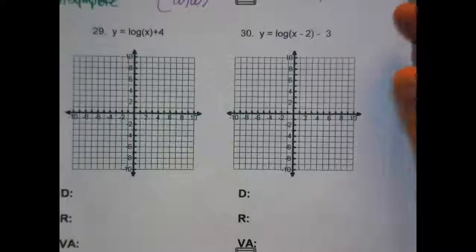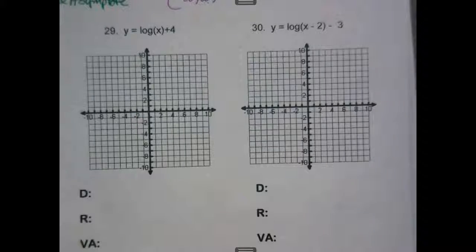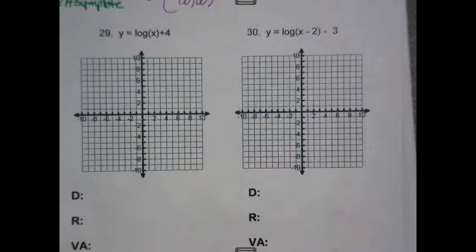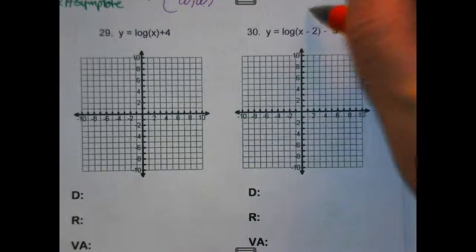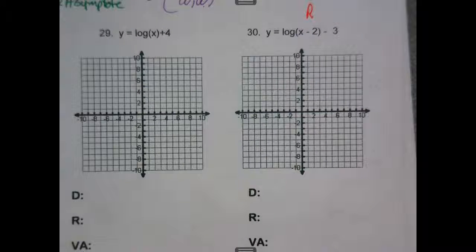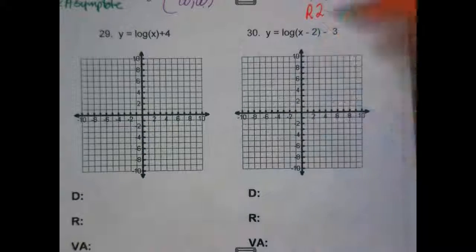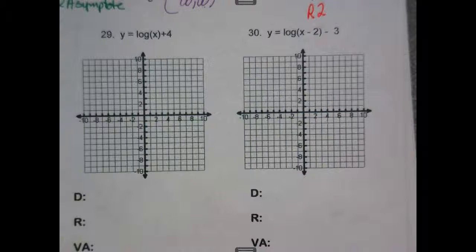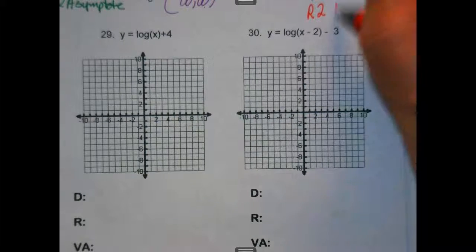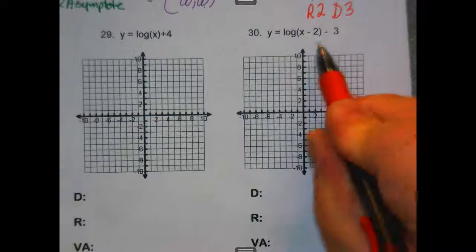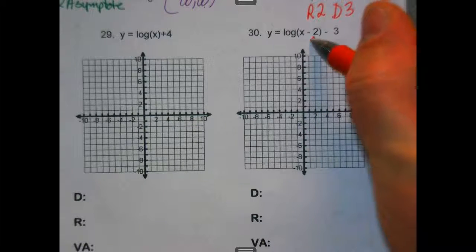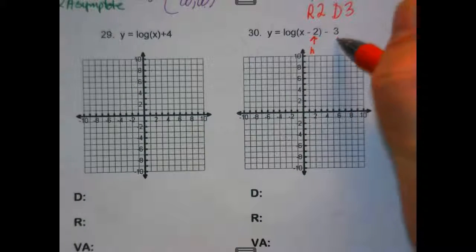What are my transformations? Right 2, down 3. Good. That's my h, right? And that's my k.